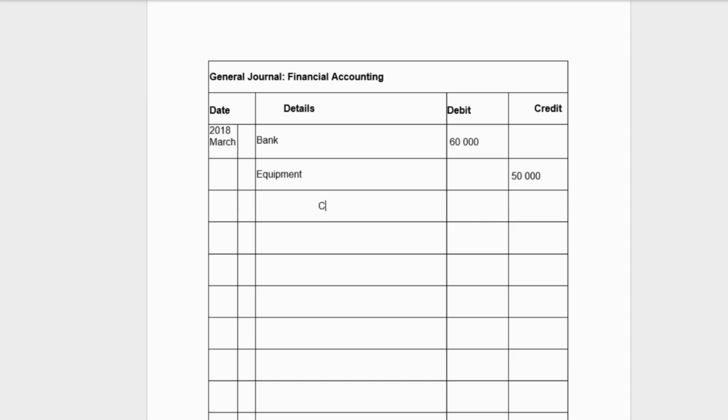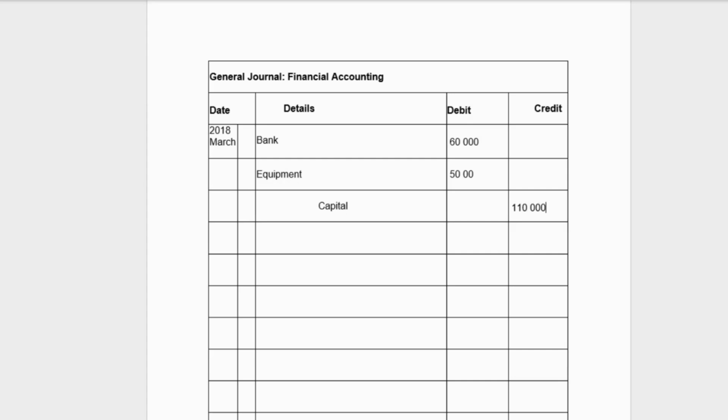So we're going to credit our capital. The equipment is supposed to be debited, right? Not credit, debit. We are only going to credit our capital of the total, which is 110,000.